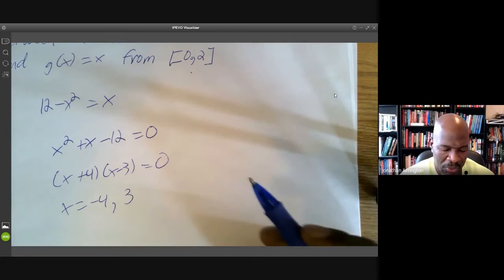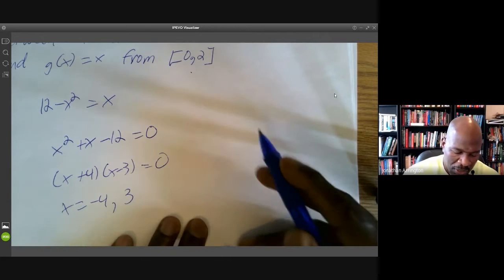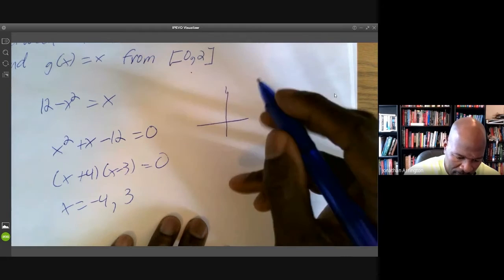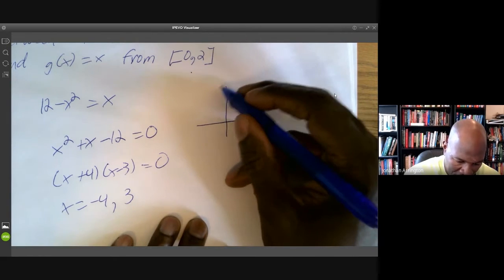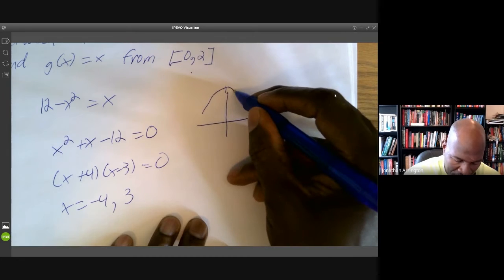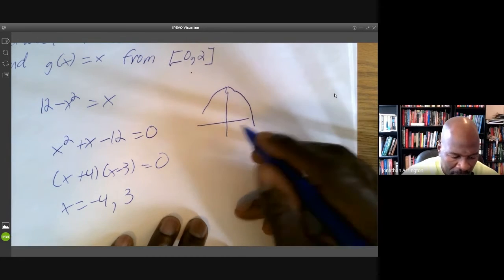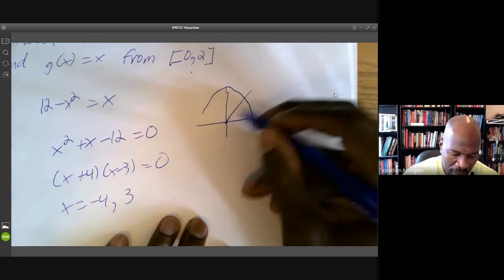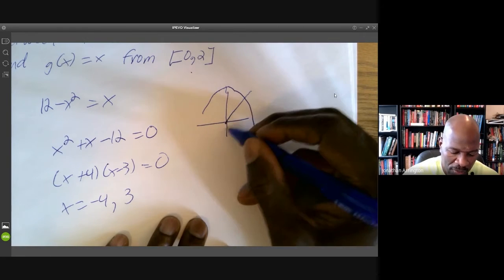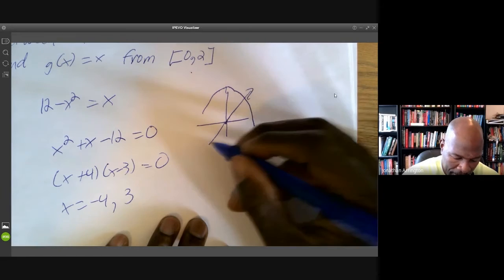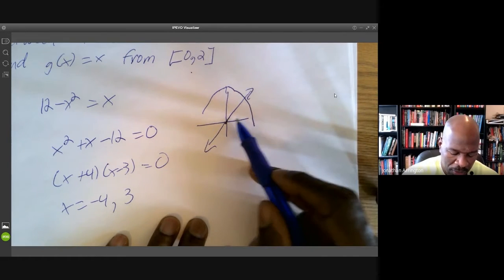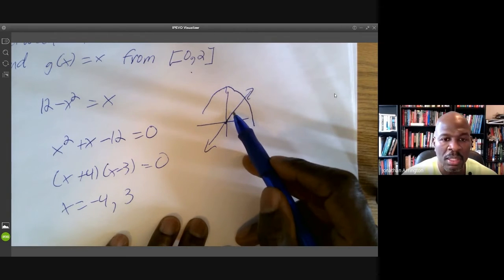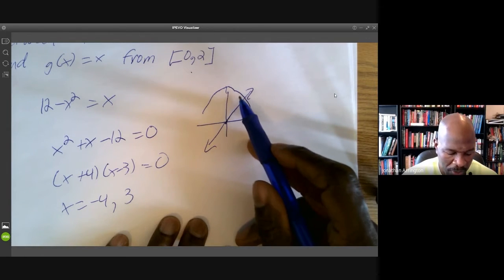So I guess this one I will do in the proper order, because 12 minus x squared is an upward-facing parabola whose vertex is at (0, 12), and y equals x is just a line at a 45-degree angle coming from the origin. So from 0 to 2, f is going to be on top and g is going to be on bottom. So I will do it in the proper order.